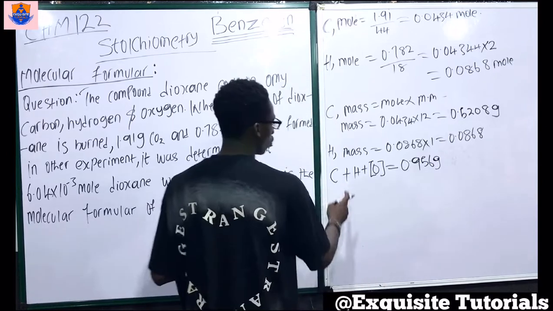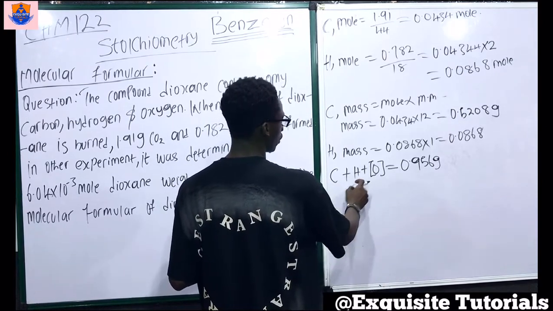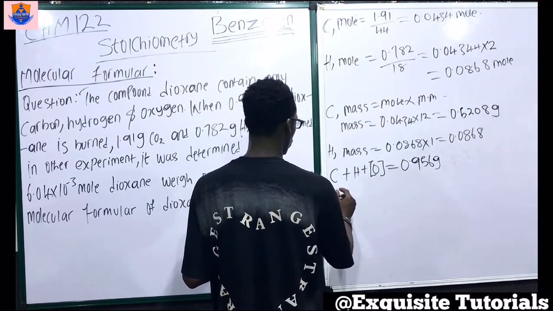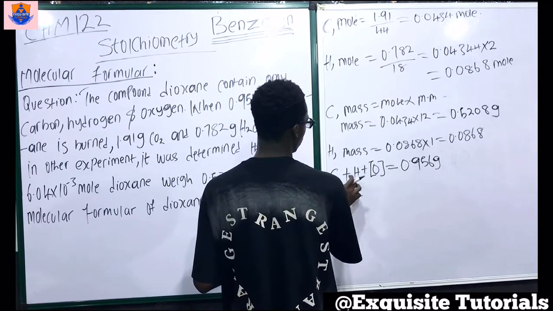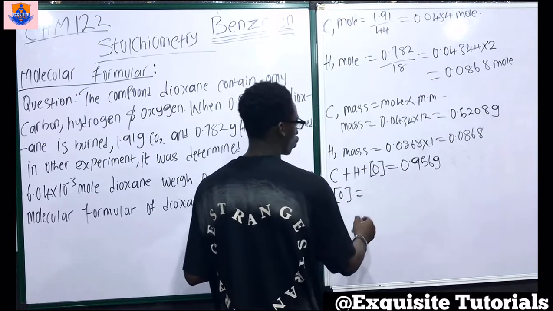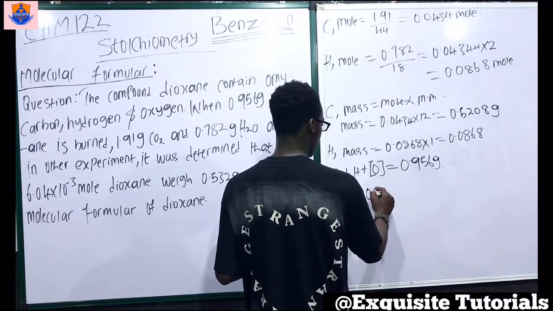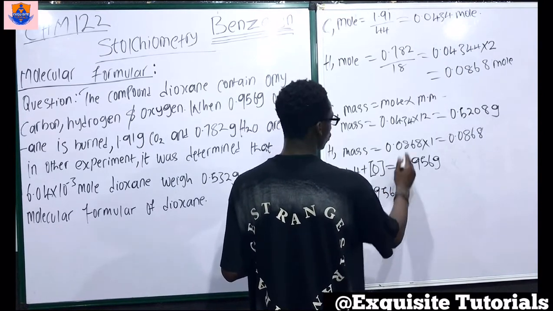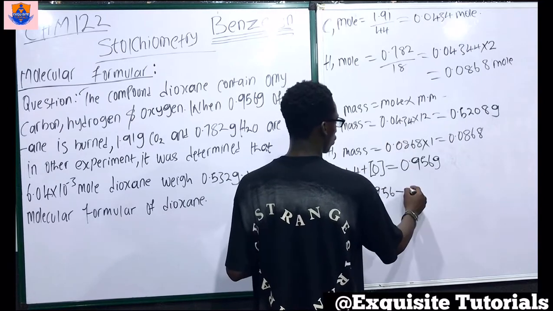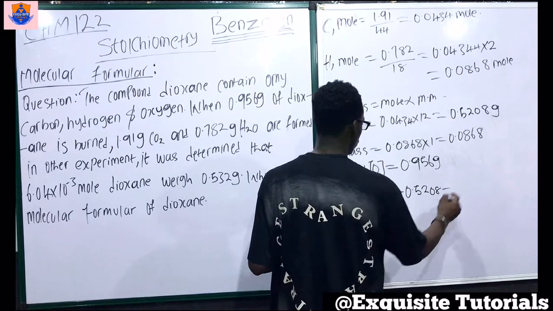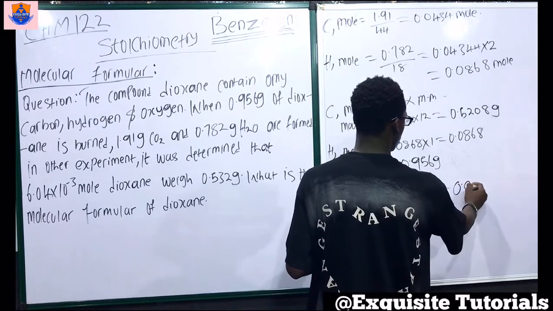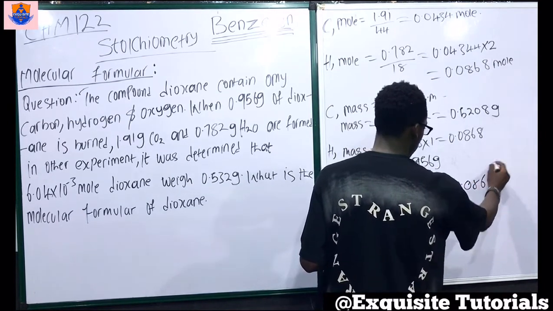So oxygen is 0.956 minus 0.5208 minus 0.0868.